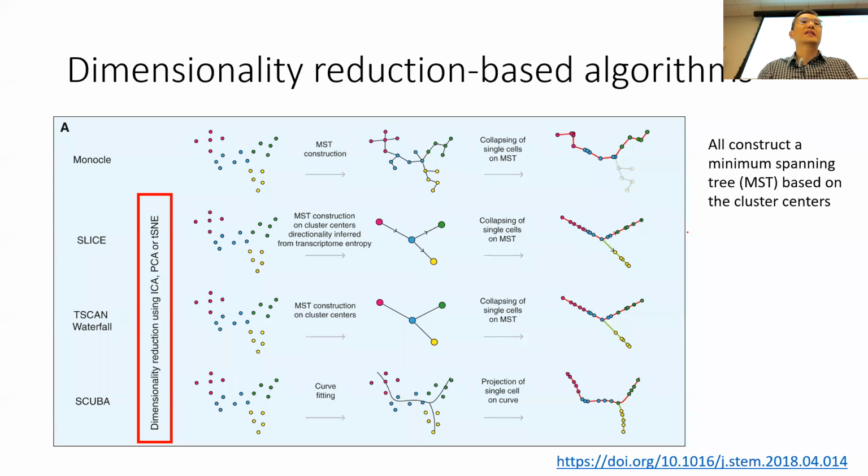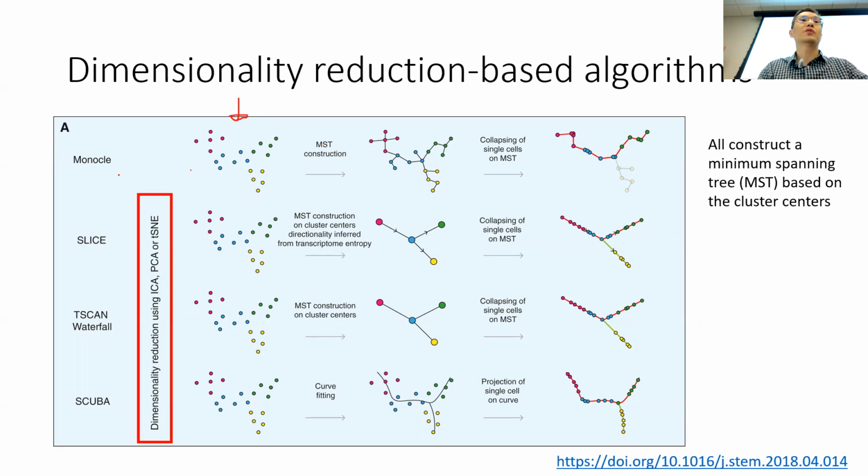Different software packages use slightly different procedures to do this, but eventually they all do the same thing. The first step is always to do a dimensionality reduction, so you get the projected cell populations.